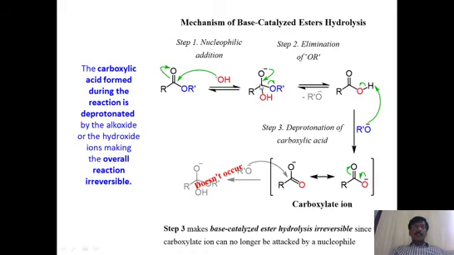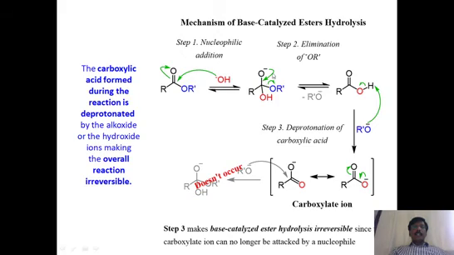So what happens? RC, this OH is there, OR dash is already there, and O minus, because once OH comes in, it becomes O minus. When the minus charge comes back, OR minus is removed. So RCOOH, simply the carboxylic acid, is formed. Simple steps: the nucleophile first attacks, that is nucleophilic addition, the first step.